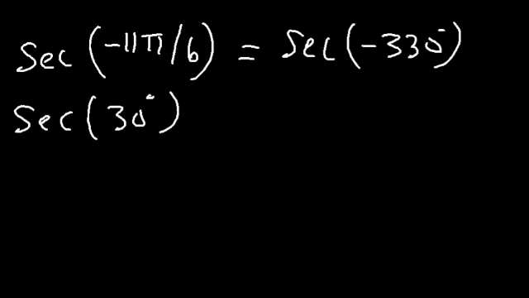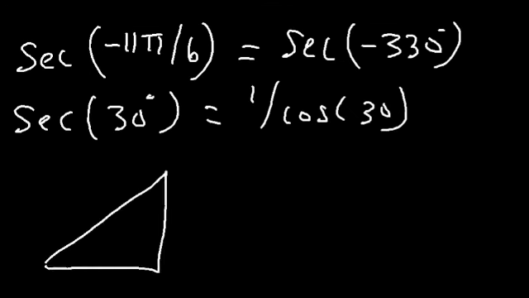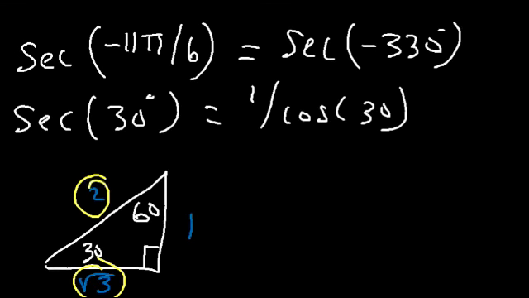So whenever you want to evaluate secant, you want to find out cosine because secant is 1 divided by cosine. So here we could just draw a generic 30, 60, 90 triangle because we're looking for cosine 30. Across the 30 is 1, across the 60 is root 3, across the 90 is 2. So cosine is adjacent divided by hypotenuse.